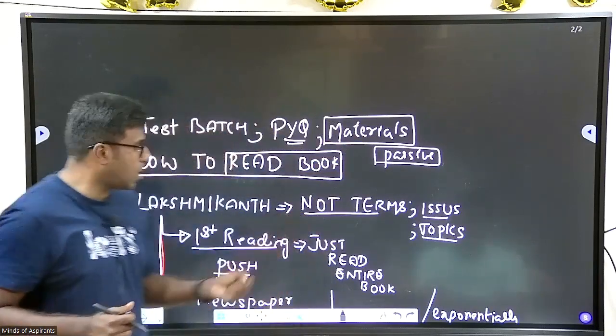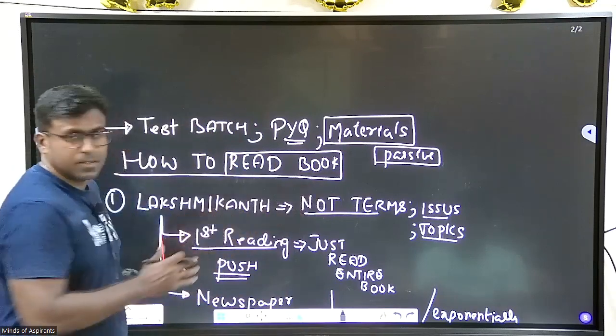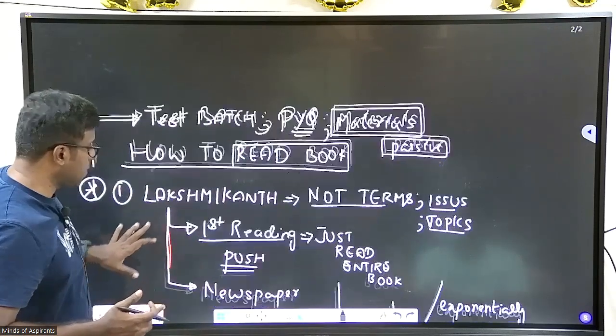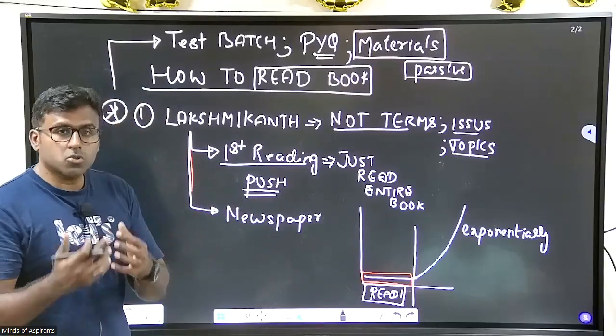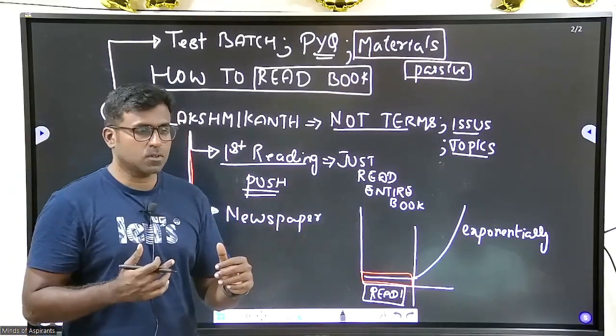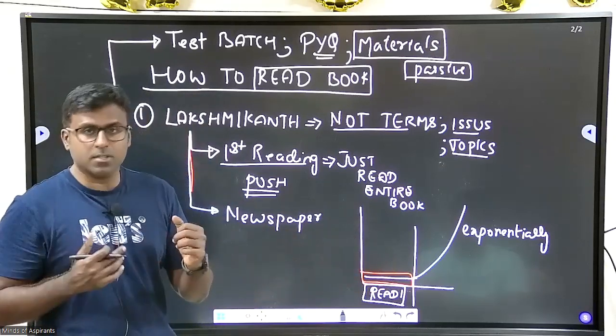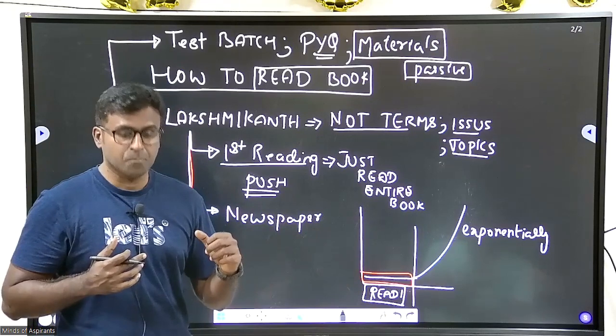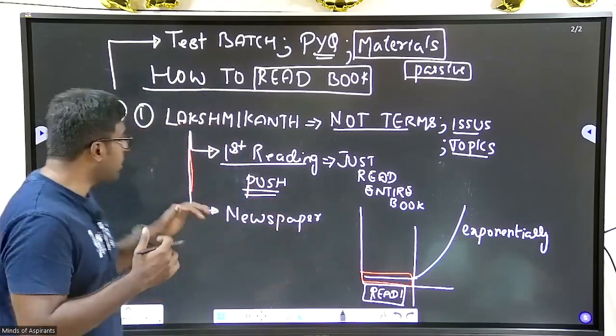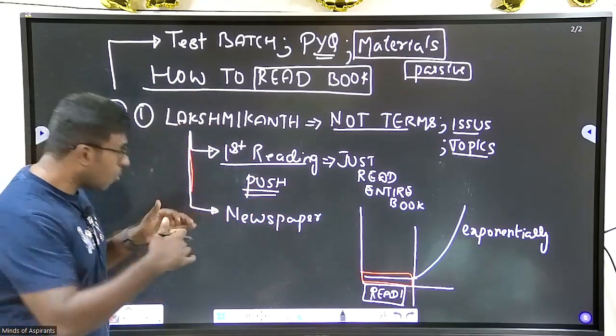So if there is a concept on the president, and an issue comes in the newspaper, you should fight with it. What is this chapter on the president? What is this topic on the president which has been given in this newspaper? Once you do that, you will get better over a period of time.